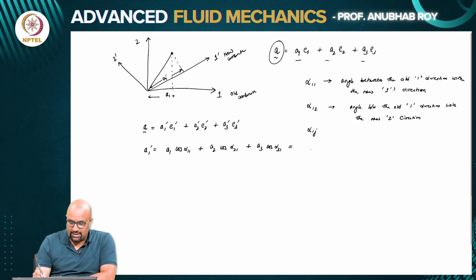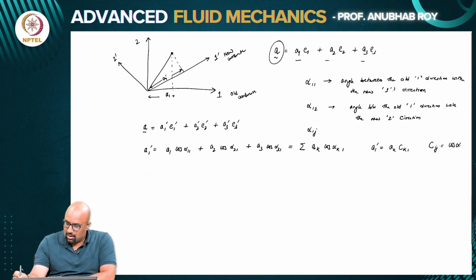So, now if I use an index notation, what should this be? Again if I start with the summation, this is basically some ak cosine alpha k 1, which is a1 prime, and using Einstein notation that we have just adopted, I will write this as ak, and instead of writing the cosine, I am just going to write it with a new quantity, which is an object C which has i and j as its indices, which is cosine of alpha ij.